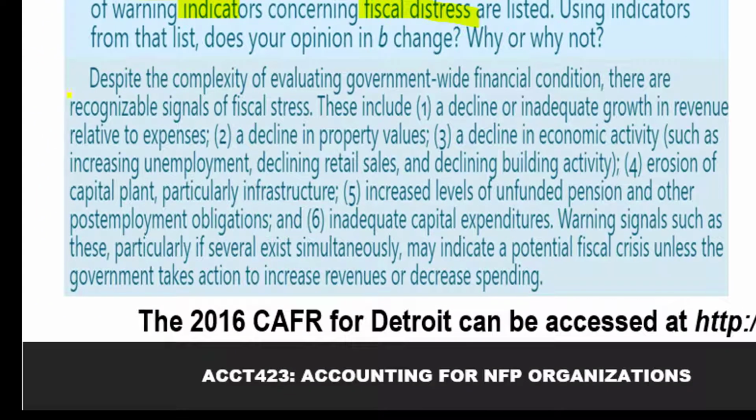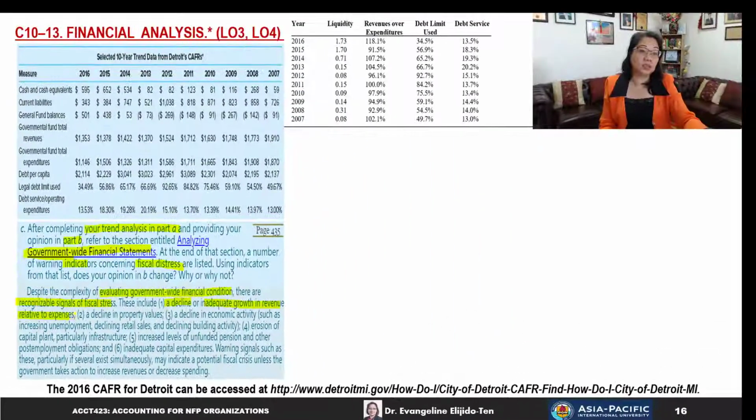So in that paragraph, it says, despite the complexity of evaluating government-wide financial condition, there are recognizable signals of fiscal stress. What are these? It includes a decline or inadequate growth in revenue relative to expenses. So let us start with that.